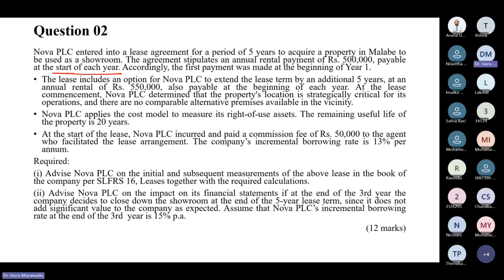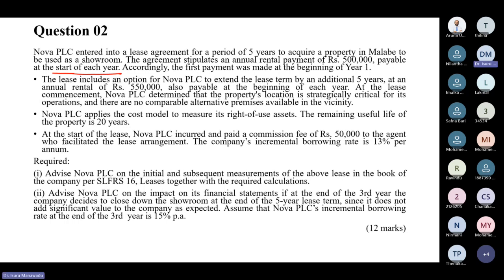The lease includes an option for Nova PLC to extend the lease term by an additional 5 years. So initially 5-year period, then another 5 years can be extended at an annual rental of 550.